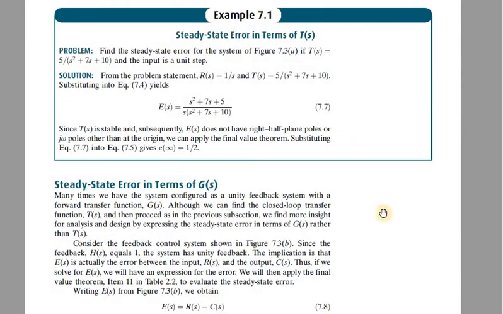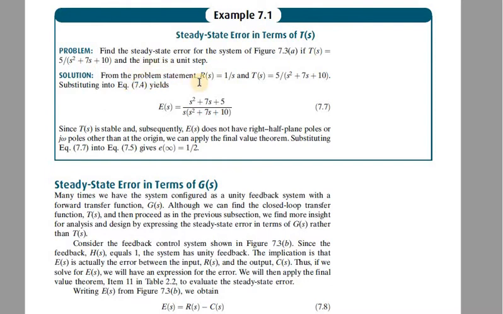Now there is an example, and it says: find the steady state error for the system in figure 7.3a if T of S is given and the input is a unit step. We know the closed loop transfer function here, so we can easily calculate the error.